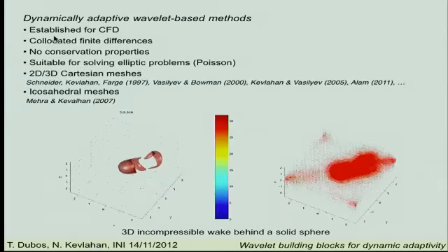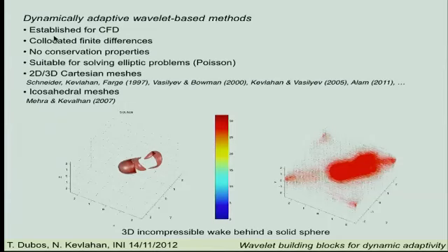Okay, and on the other hand, Nicolas had been using and designing dynamically adaptive wavelet-based methods for CFD for a number of years. So these wavelet-based methods, they are, I would say, established for CFD. So they have been working for 15 or 20 years. They are based on collocated finite differences, and that means they usually don't have any conservation properties built in.